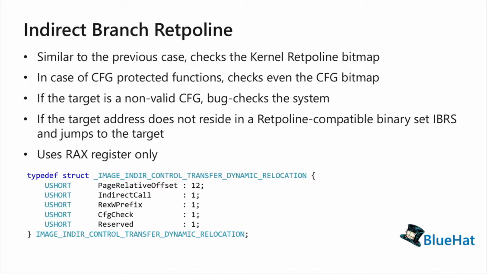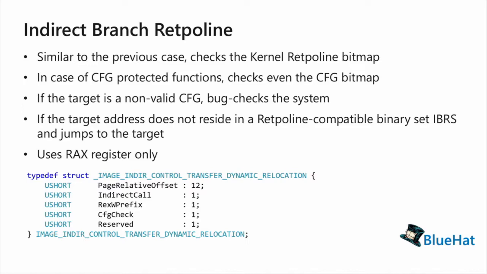The guard function in this case is almost the same as the previous one, but it also checks the CFG bitmap in case we have indirect branches that use CFG. Basically, we do two things.